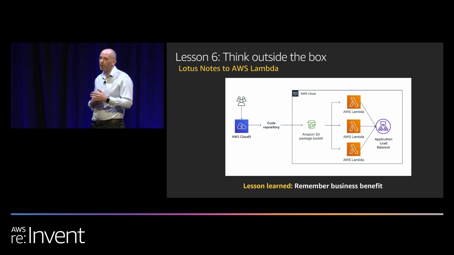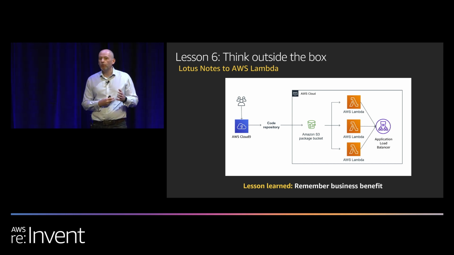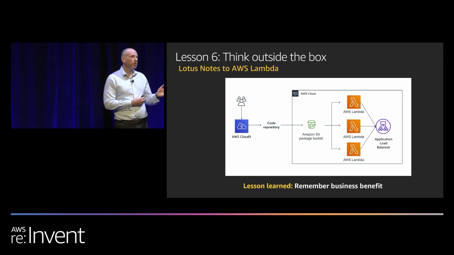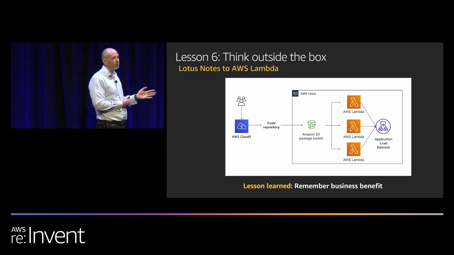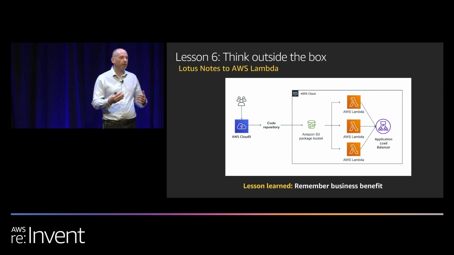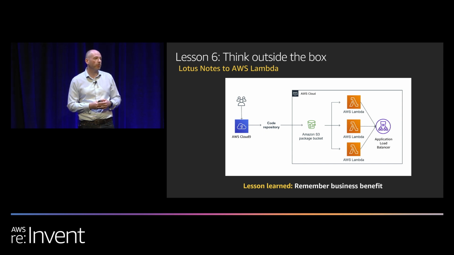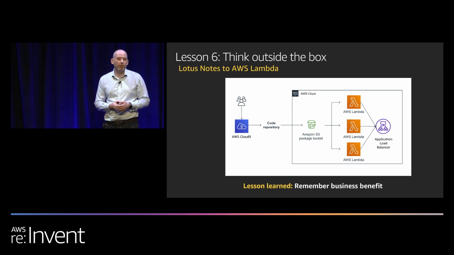So that's why we went back to Lambdas behind an ALB. And we built the first one of those as a proof of concept. So that was successful. So then we looked at how do we scale, because we had 1,800 of these to move into the cloud. So the only way to do that is to automate.